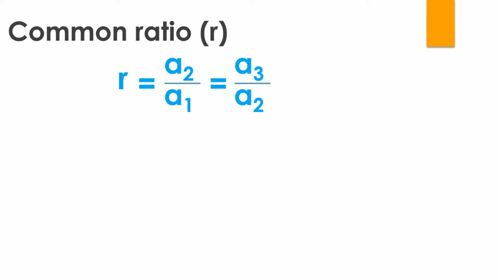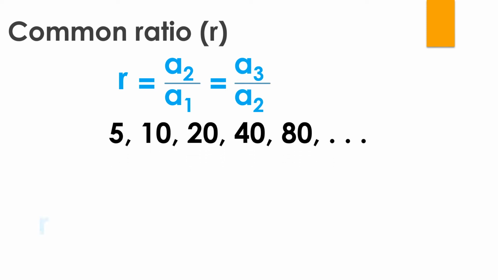The common ratio, which is r, is obtained by the quotient between the second term over the first term, or the third term over the second term, and so on. From the given example, the common ratio is obtained by dividing 10 by 5, because 10 is the second term and 5 is the first term, and that is equal to 2.